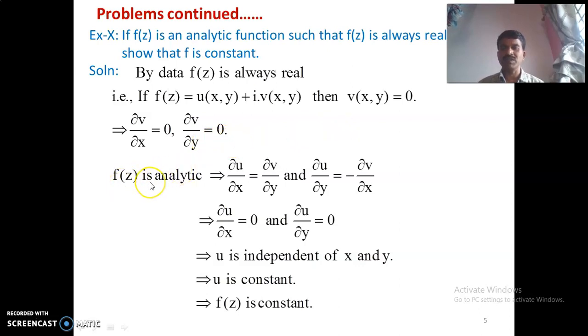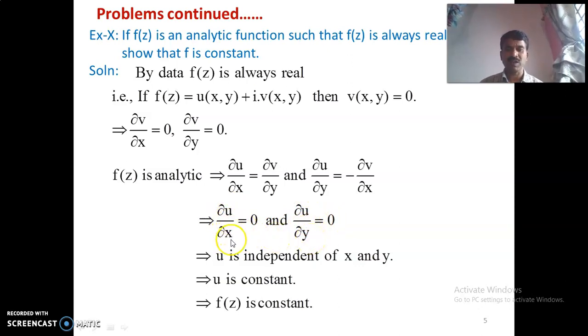As given, f is analytic, so compare with the CR equations. Here, dou u by dou x equals dou v by dou y, and dou u by dou y equals minus dou v by dou x. Since dou v by dou y is 0 and dou v by dou x is 0, dou u by dou x is 0 and dou u by dou y is 0.